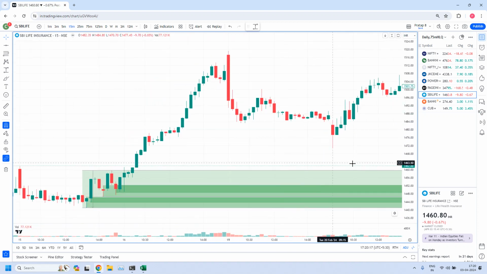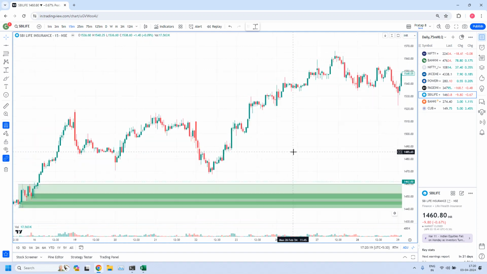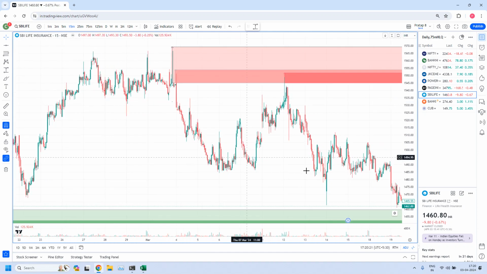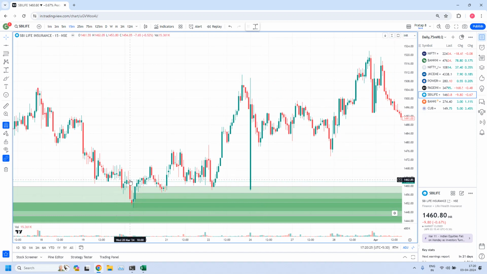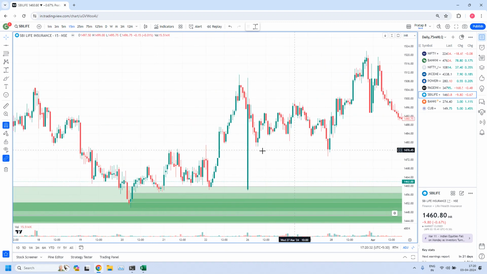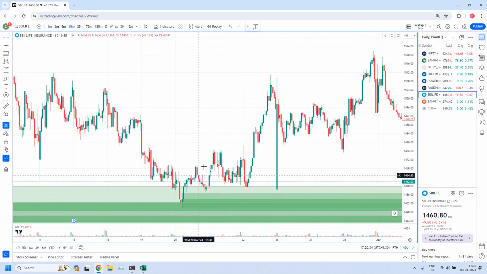And here again recent price action. You have a drop, 2 base candles and rally. This is the recent price action. Now go to the 5-minute time frame.